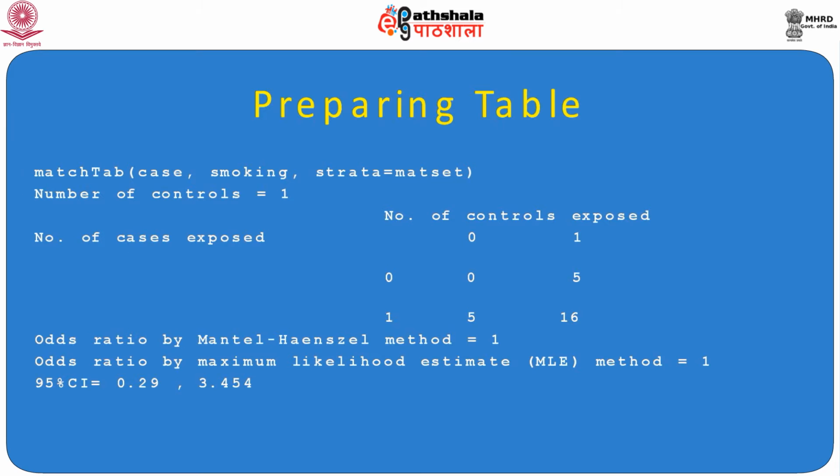So it can be stated that those who are exposed and not exposed are both having an equal kind of disease. So there is no difference between cases and controls in terms of exposure. So exposure is not having any role in the disease. That can be stated because the odds ratio is coming as 1 here.